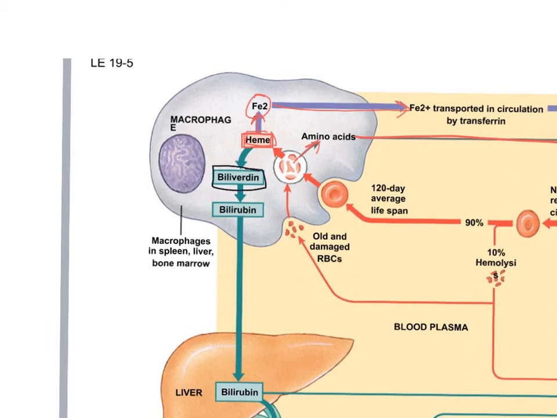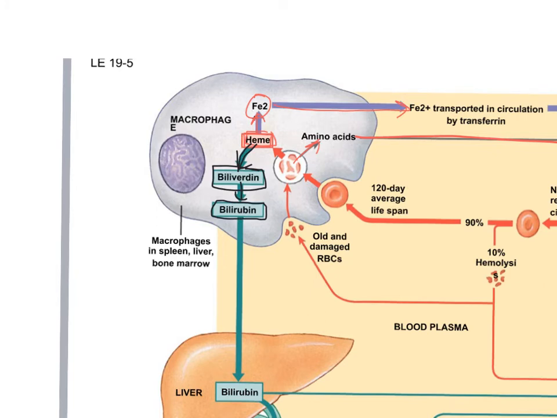Whatever's left of the heme group is going to be converted to biliverdin. And biliverdin, like the name implies, has more of a green color to it. And then biliverdin will be converted to bilirubin, and bilirubin has kind of an orange-yellow color to it.